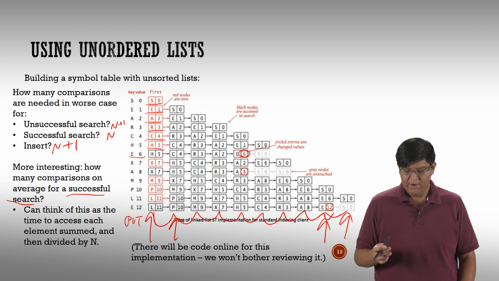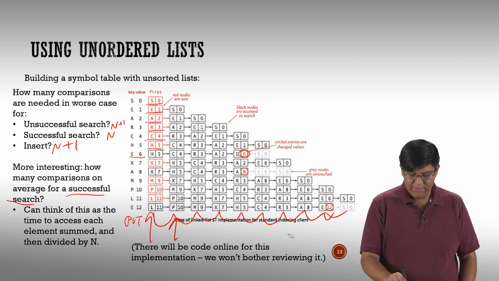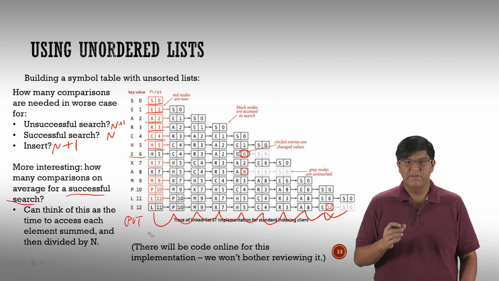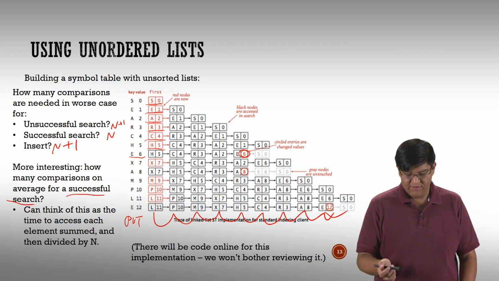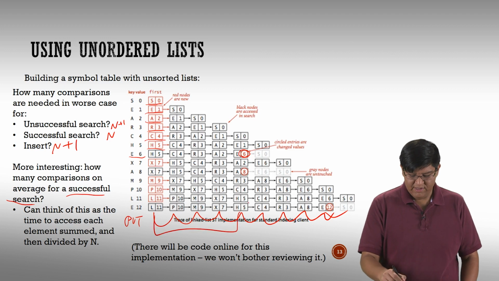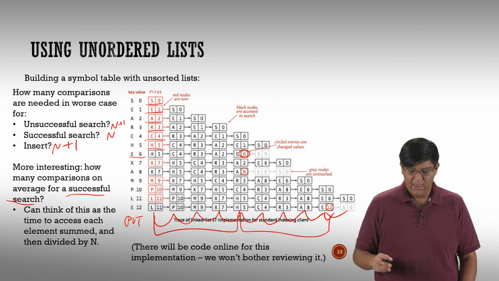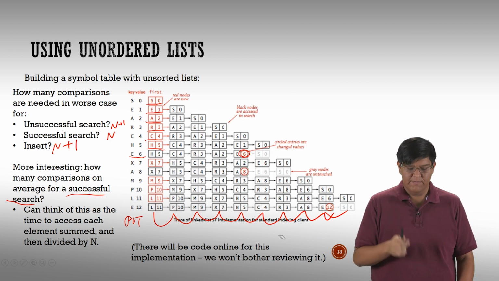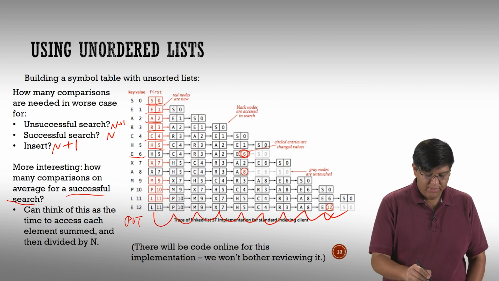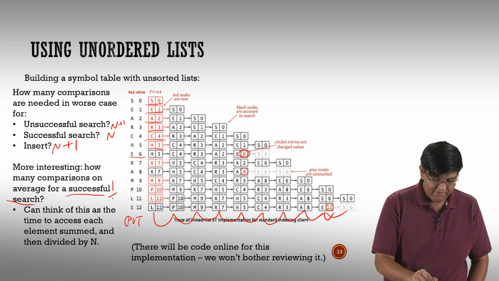Well, by the time I get through half of the array, I have a good chance of having seen it, because there's basically a 50% chance that I see it in this half versus that half. So on average, what I end up with is a factor of 1/2 in front of it. So it's 1/2 n.